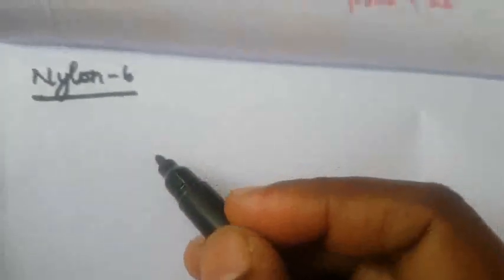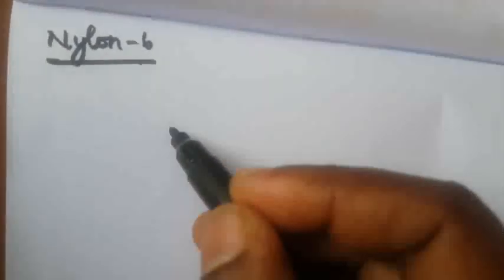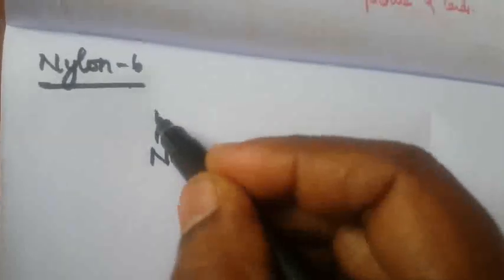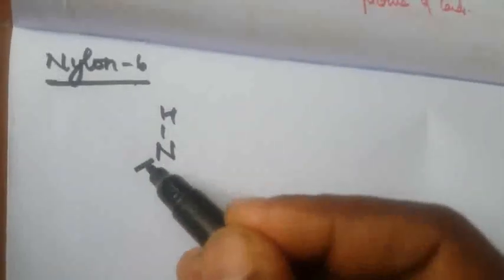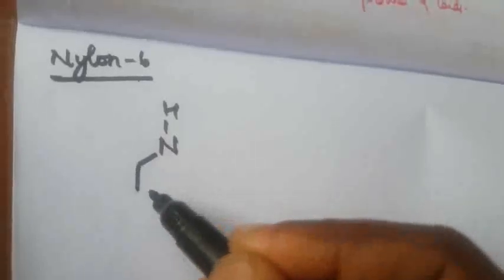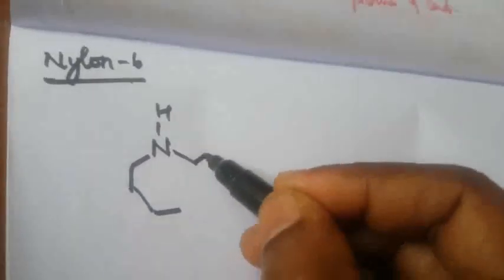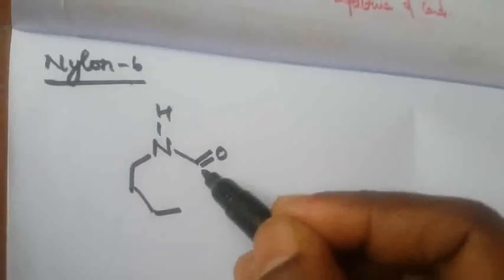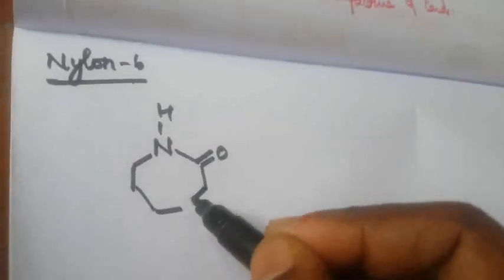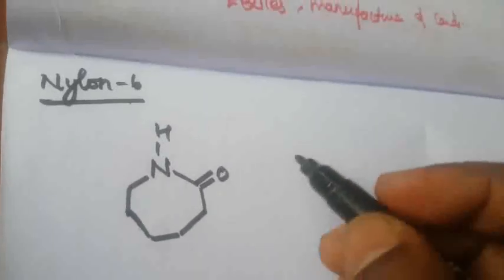What is the formula of caprolactam? This is the structure of caprolactam, with the carbons numbered 1, 2, 3, 4, 5, 6, 7. This is caprolactam.